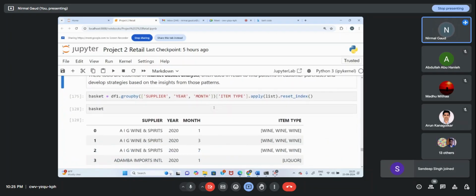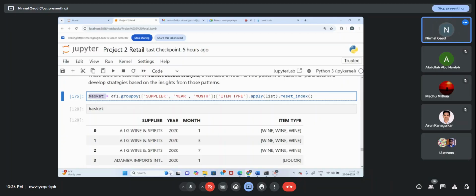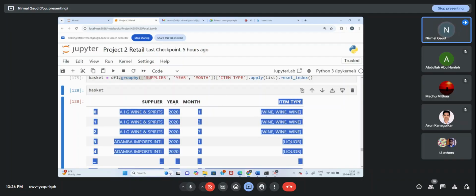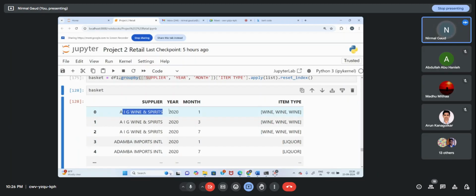So let's first check how I approached this. Let us suppose this is my basket. I prepared my basket. In this basket, I am having supplier, year, and month, and this is my item type. I perform group by. That means supplier, year, and month are columns, and I'm grouping them with respect to item type. So this is a supplier in the month of 1, 2020.